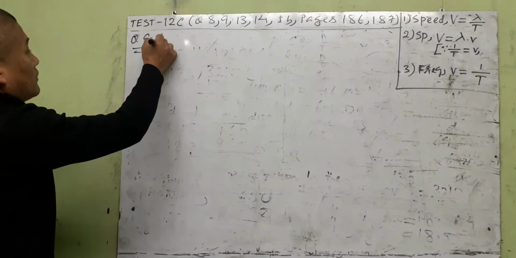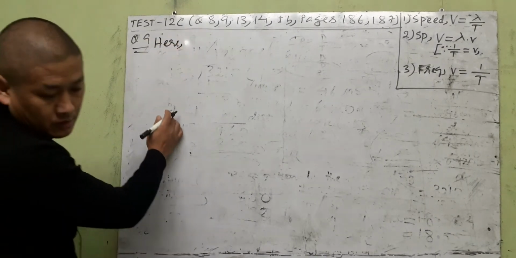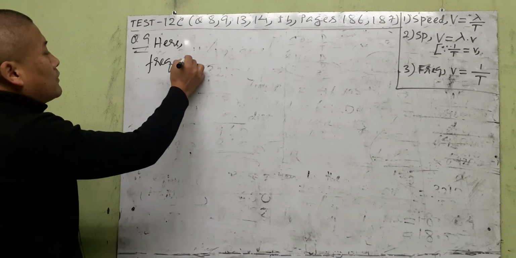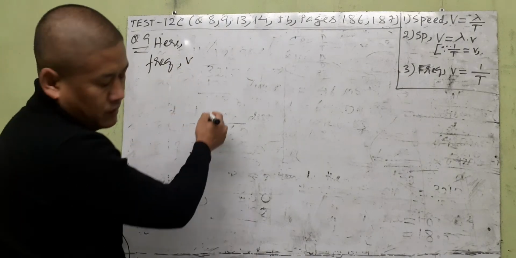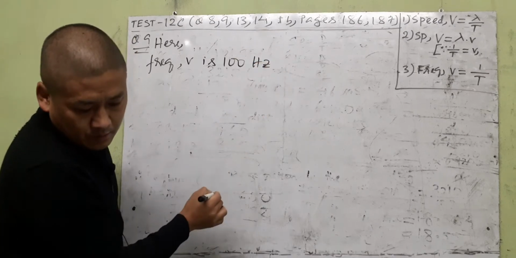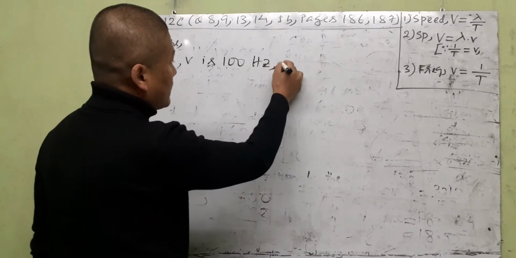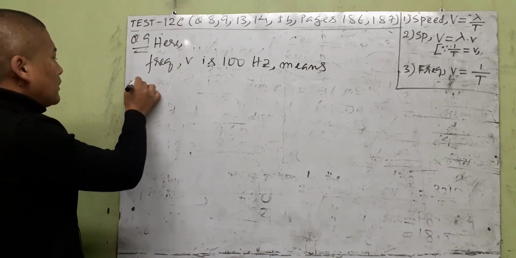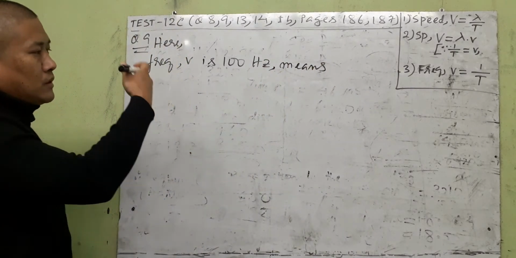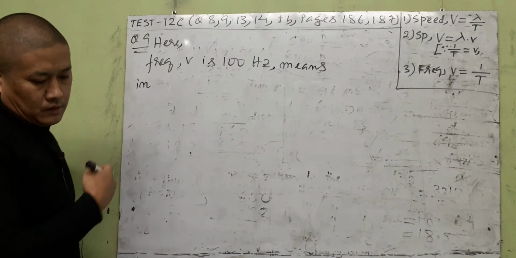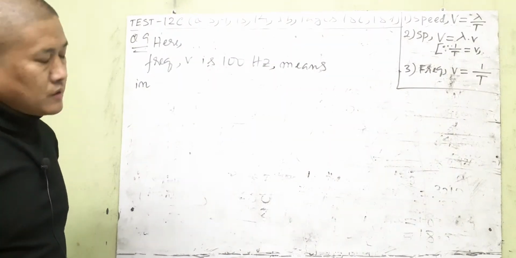So here, as we read, the question is saying frequency, and we have decided frequency will be small v, is 100 hertz. We know in our chapter we have studied, frequency is simply the number of vibrations in 1 second.